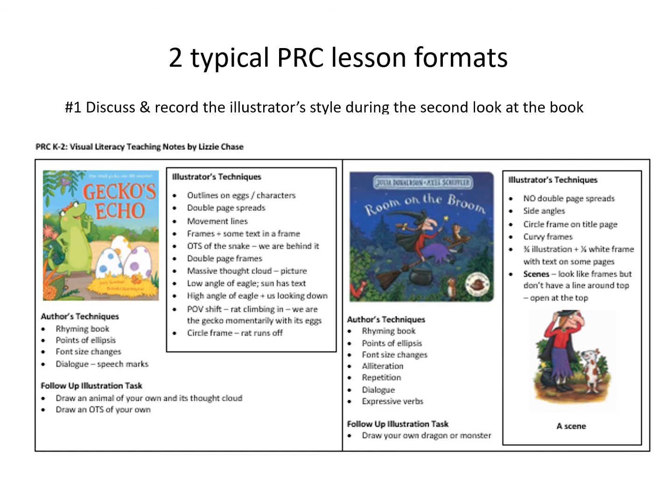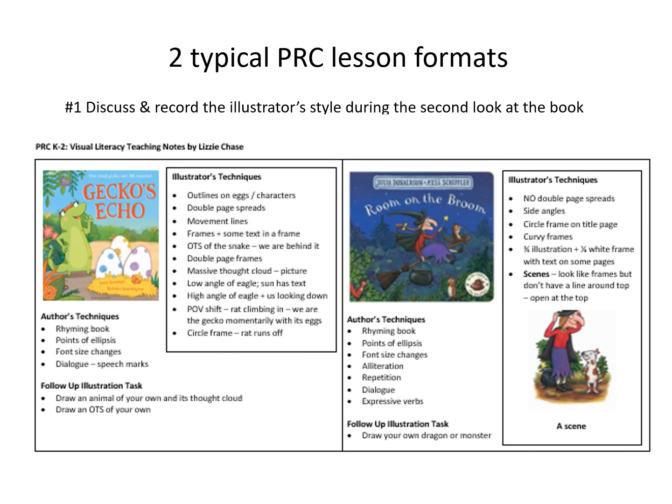Now the fun thing is that we can then take this a bit further with our option number 2, because option number 1, of course, is just read and record the illustrator style, and leave it at that. We don't have enough time to do artwork. But if you do have time to do artwork, then that can be the follow-up activity after the story. So for example, after Gecko's Echo, you might draw your own animal and its enormous thought cloud.